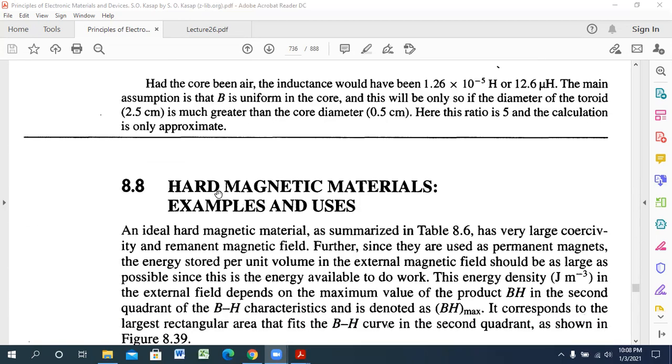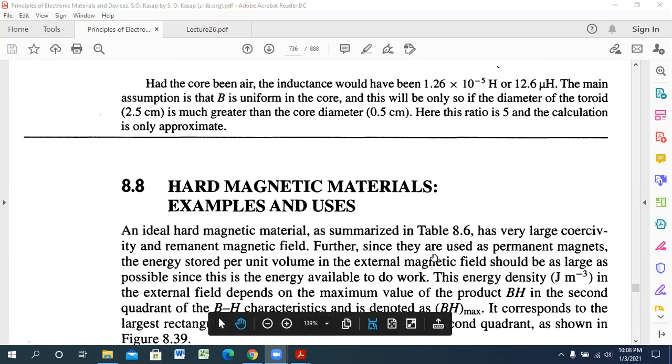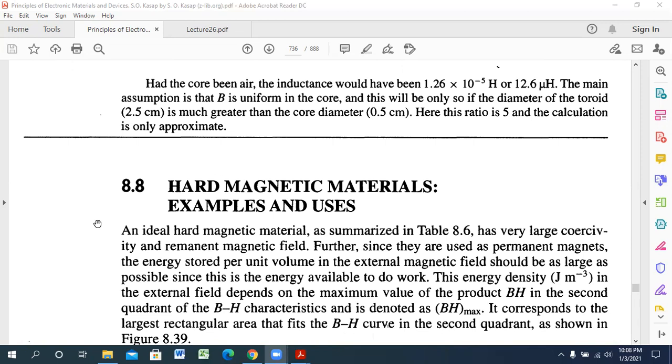Next, move to article number 8.2. Okay. In article number 8.2, that is the hard magnetic materials and the examples and uses. Similar type of things. So, which one is called hard magnetic materials? Hard magnetic materials means the area under the BH curve should be maximum.